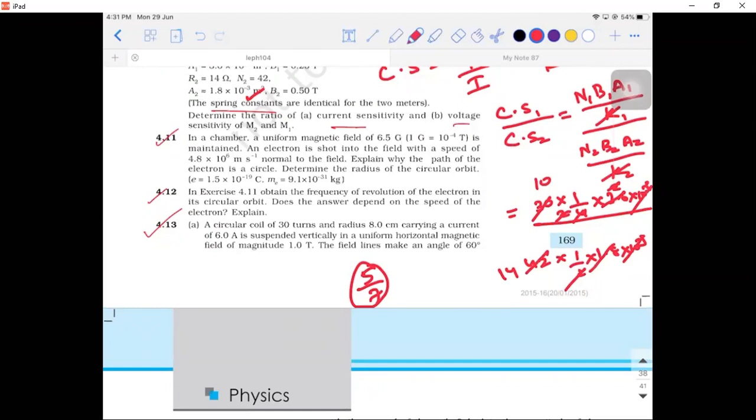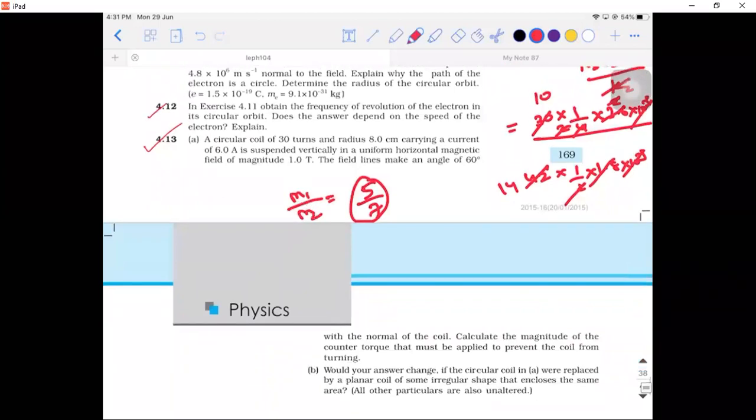So they have asked the current sensitivity of M2 and M1. What I found is M1 by M2, so M2 by M1 will be 7 by 5. Similarly, what is going to be the voltage sensitivity? How do you define the voltage sensitivity? NBA by KR.